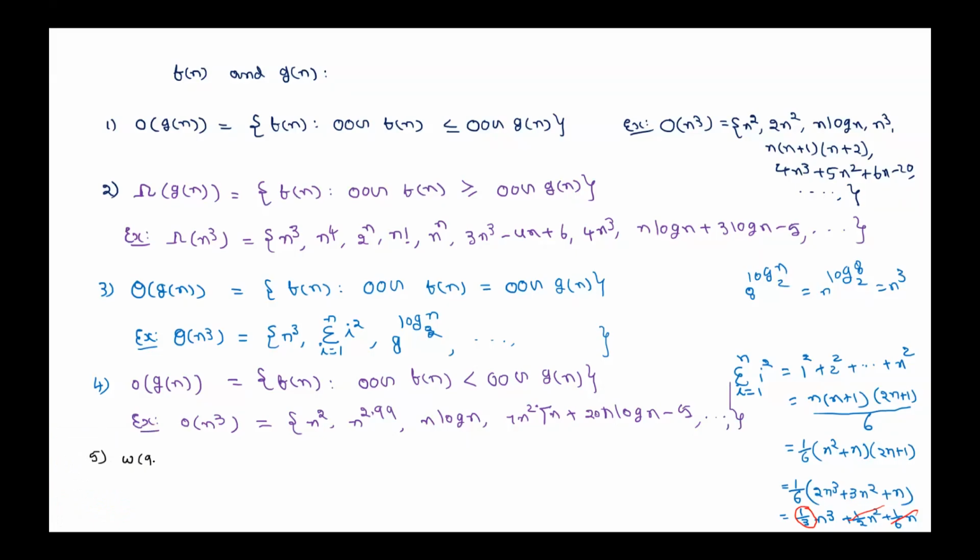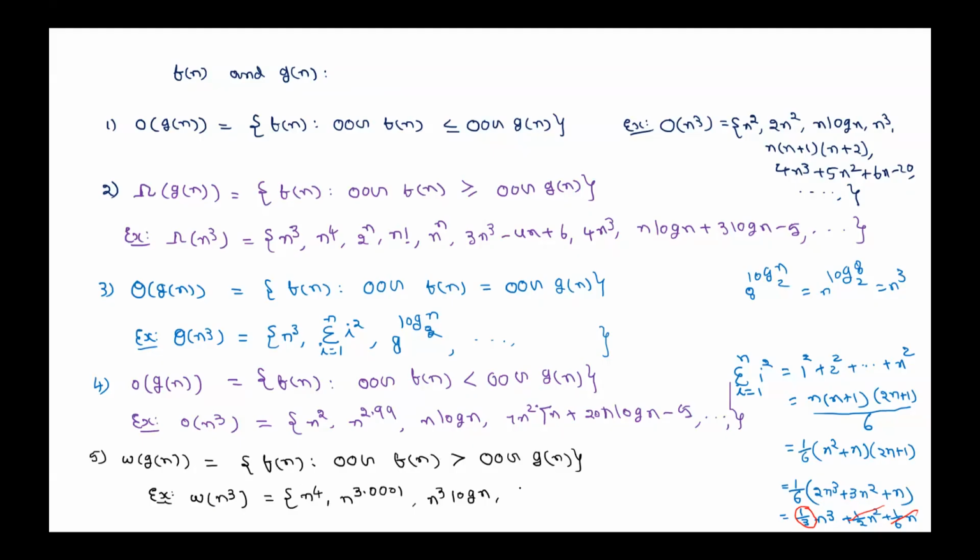What is little omega of g of n? It is the set of all functions f of n such that the order of growth of f of n is strictly greater than the order of growth of g of n. So for example, what is little omega of n cube? n power 4, it should be strictly higher. n power 4, n power 3.0001, n cube log n, 7n power 3.1 plus 6n square minus 6n minus 20.